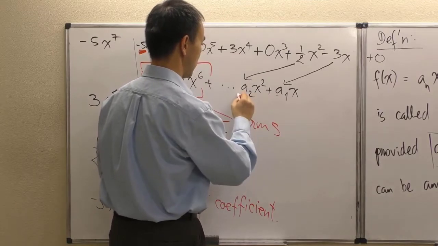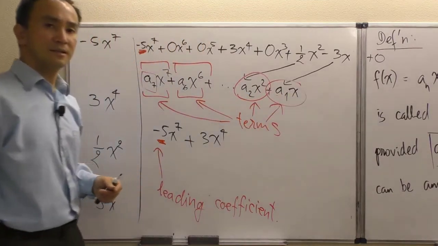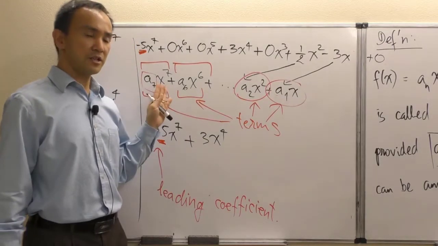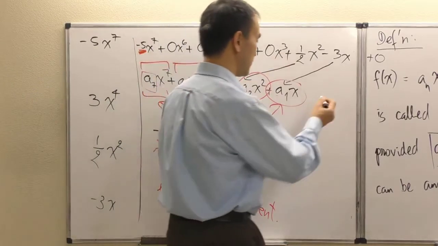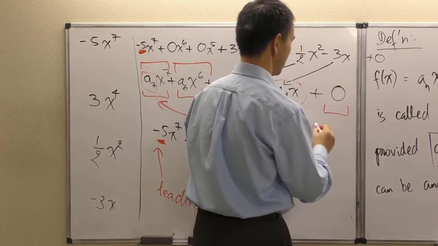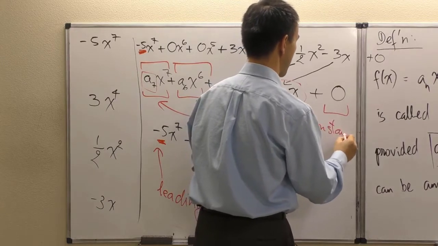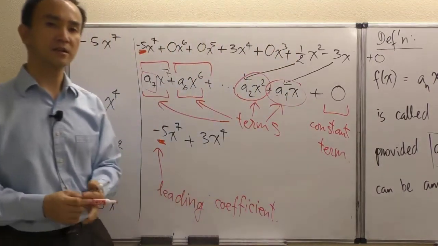So that whole thing here is a term. These are all terms. First term, next term, and so on, and even this last one right here is called the constant term. All right, that's the constant term right there.